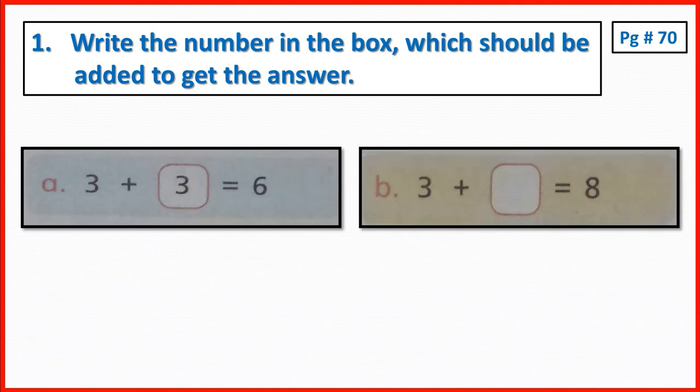The next one is, what should be added to 3 to get the answer 8? What is the number? Yes, we have to add 5 to 3 to get the answer 8. Or we can say 3 plus 5 equals 8.